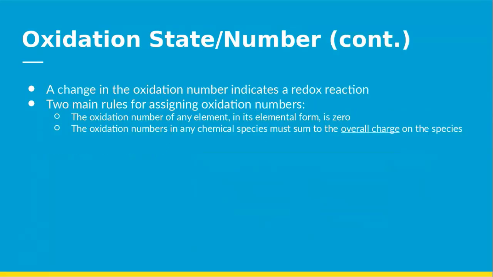And then oxidation numbers in any chemical species must sum to the overall charge on the species. And this still applies to that first rule as well, right? For diatomic hydrogen, there's no overall charge, and that's why we have 0 for it. But if we have an ion, then the ion should have a charge on it.